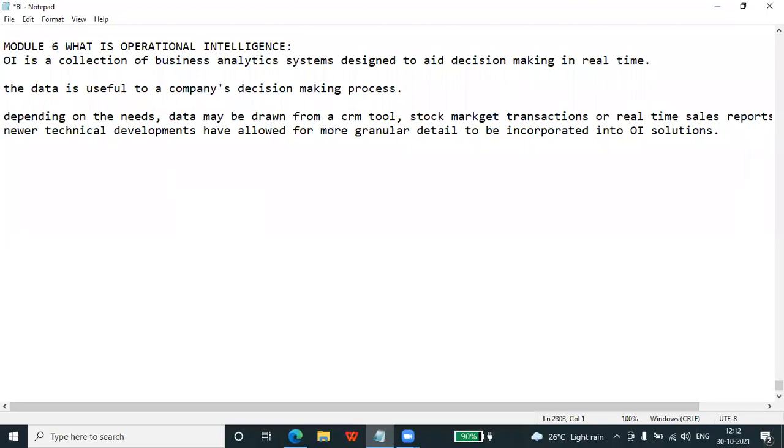So next, what is the relationship between OI and BI?